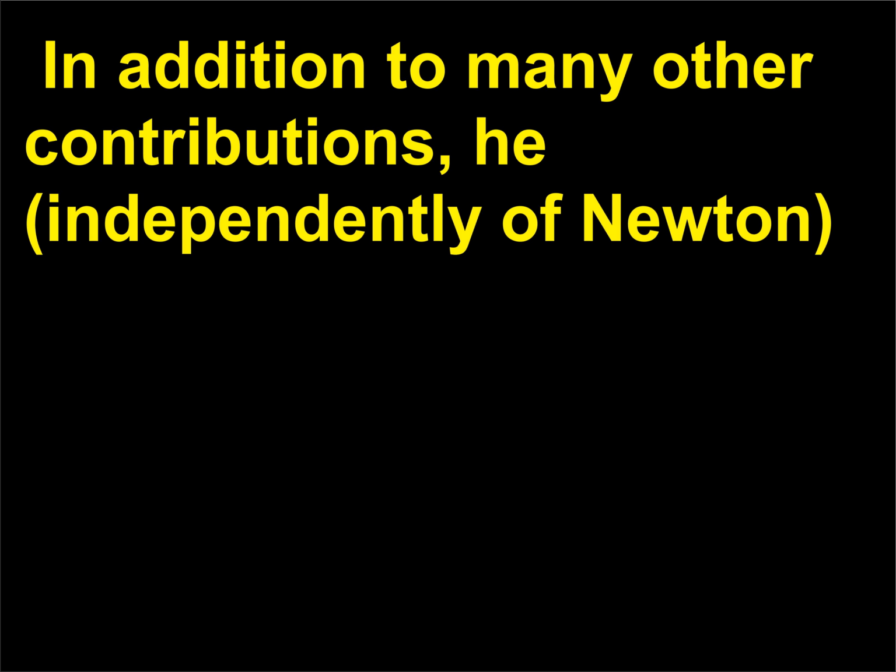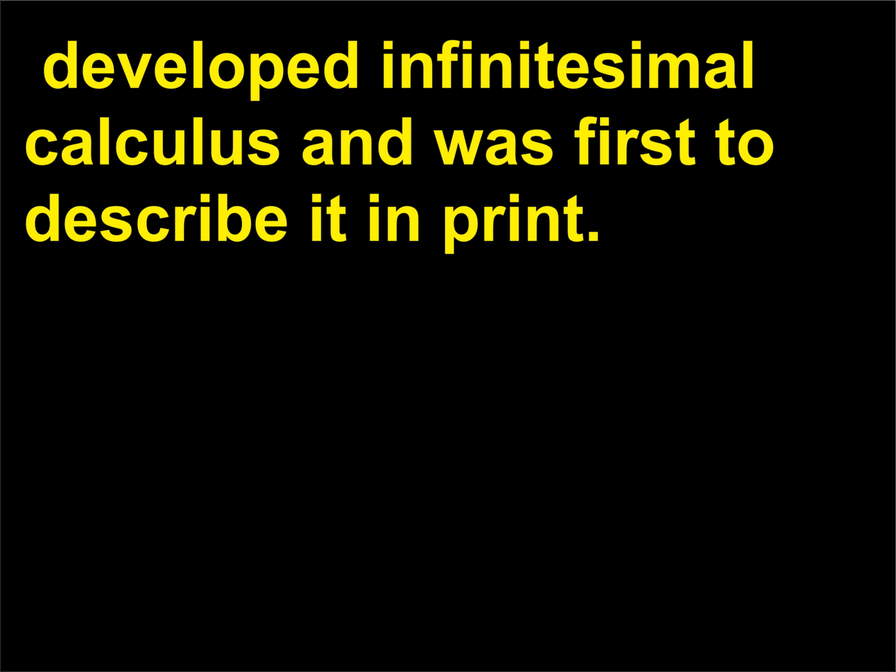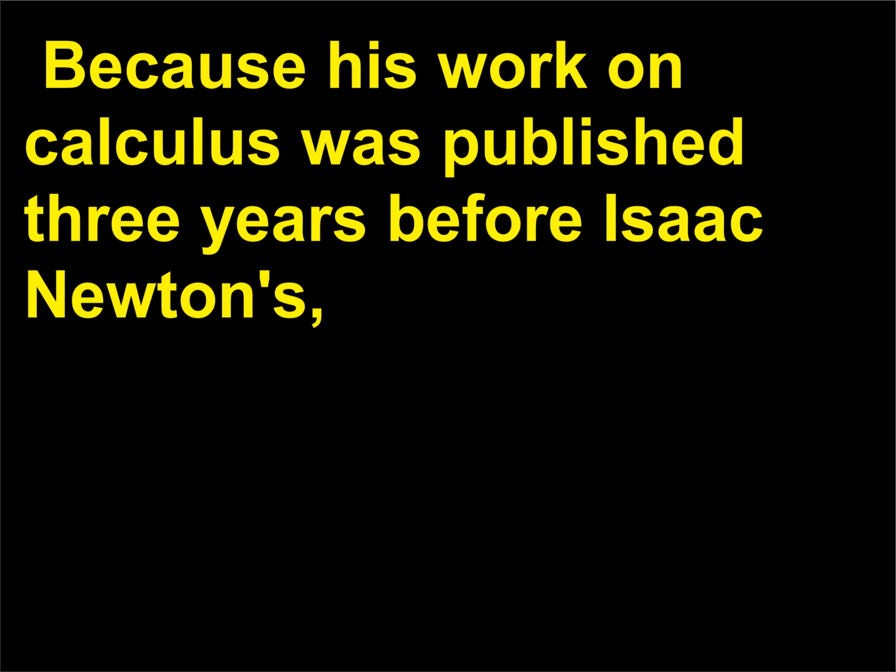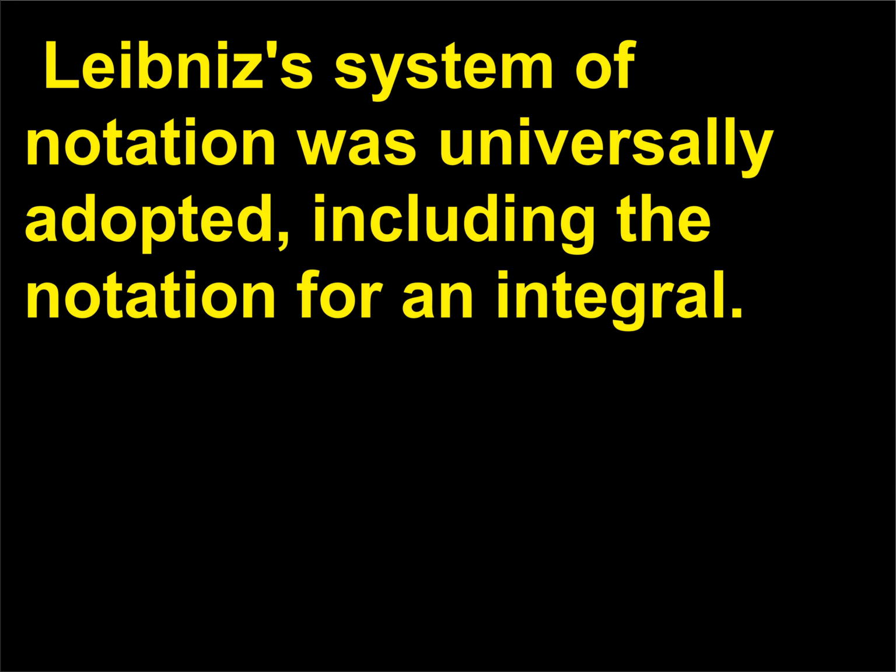In addition to many other contributions, he, independently of Newton, developed infinitesimal calculus and was first to describe it in print. Because his work on calculus was published 3 years before Isaac Newton's, Leibniz's system of notation was universally adopted, including the notation for an integral.